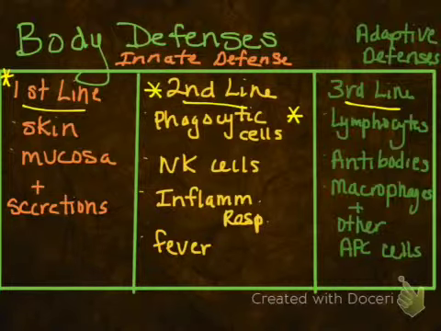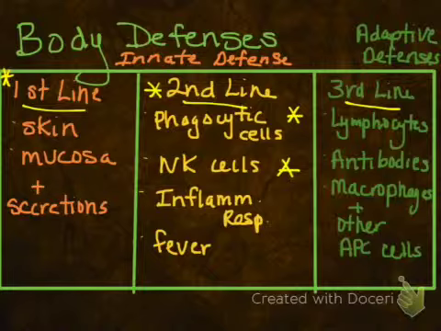Monocytes turn into super duper hungry hippos, and they come in and kind of clean up the mess. We have NK cells, or natural killer cells. They are nonspecific T lymphocytes that can recognize either virus-infected or cancer-infected cells and secrete an enzyme called perforin that will cause these cells to lyse and die.